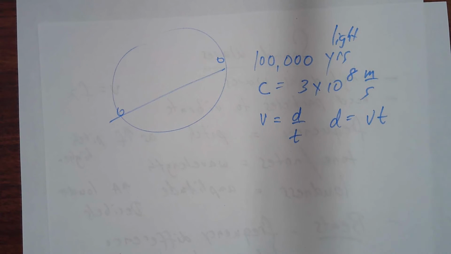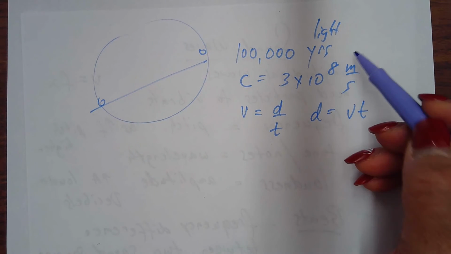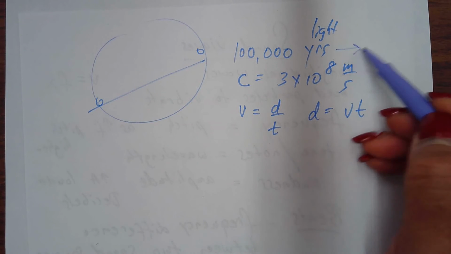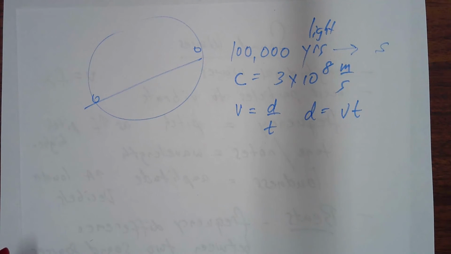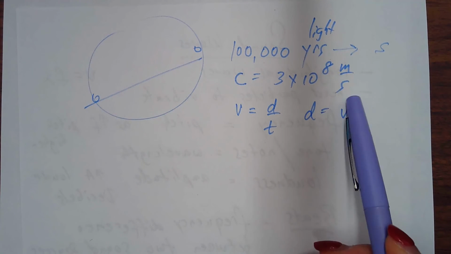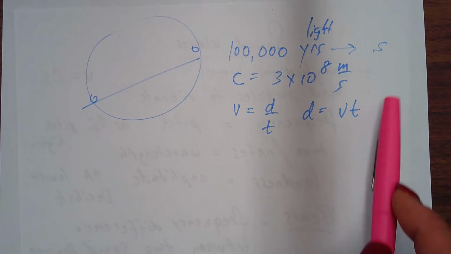So let's convert. This will be a good review for the final exam as well, because you're going to review your unit conversion now. Let's change this into seconds. That's going to be a lot of numbers. Let's see if your calculator can handle that, okay? We need to make sure that the units are uniform.